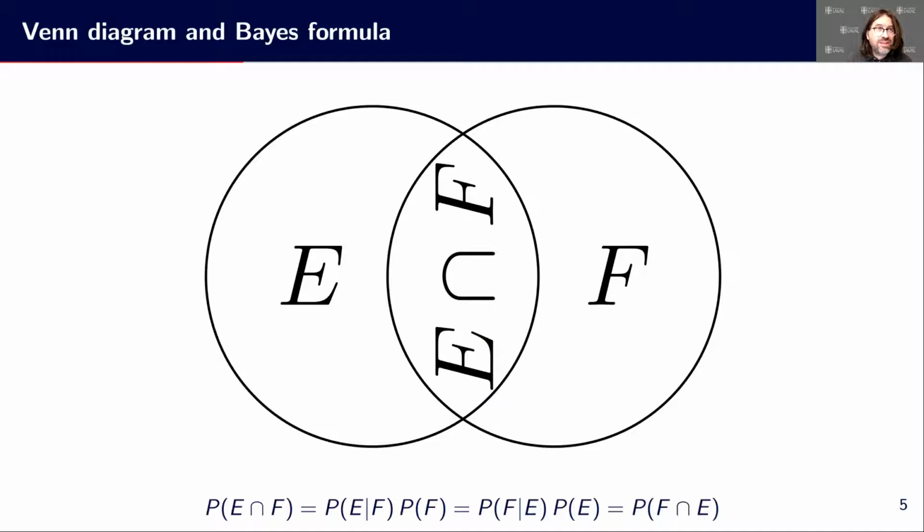Another way to look at this is to rely on that Venn diagram. So basically, we are looking again at the Bayes formula. We say that, okay, the probability of getting E and F, which is that space here, how do we get it?